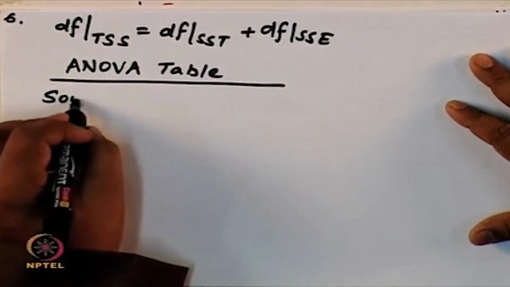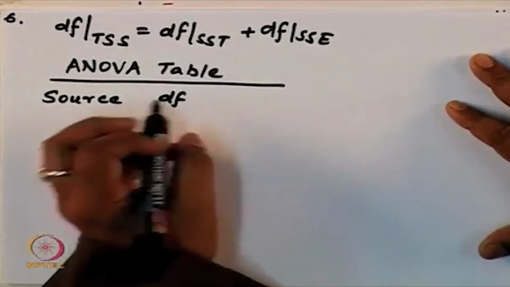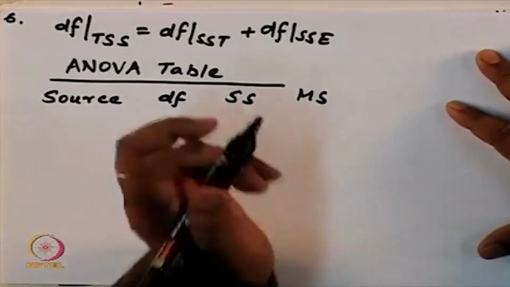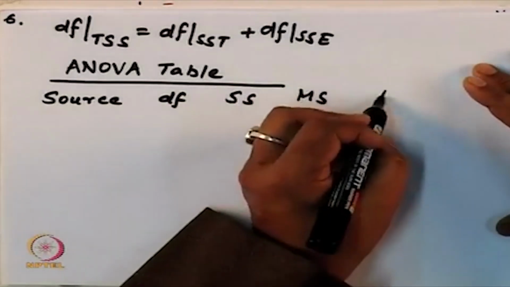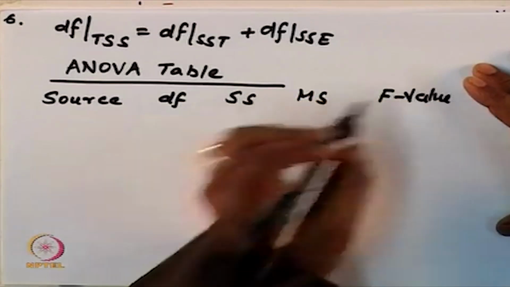You have the source, the degrees of freedom, the sum of squares, the mean square, and based on this you can compute the F value.